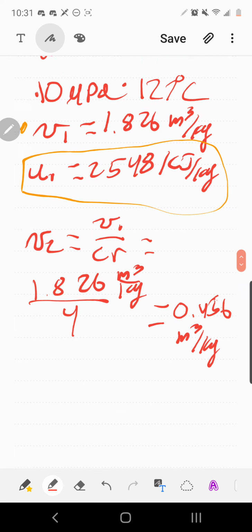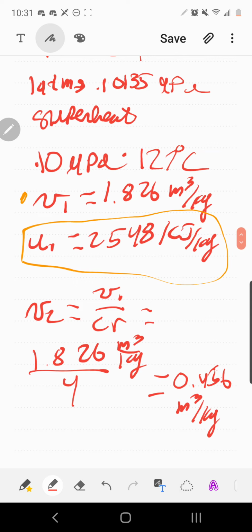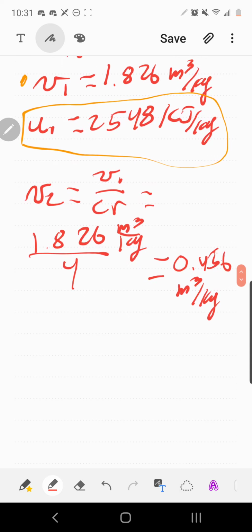We calculated the initial point, that's what we got, U1. But now we need to get our out energy, so we can take the difference and get the total energy change, which is going to be our work. So now we're going to look at the 600 Kelvin point.